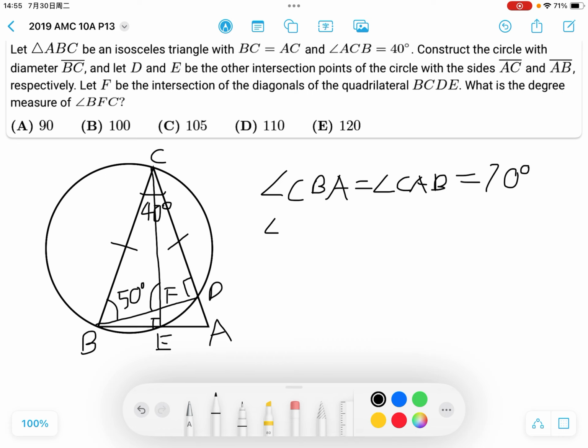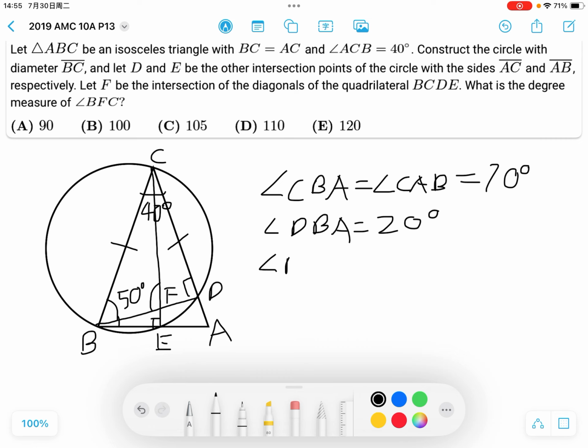So we have angle DBA is 20 degrees. So this angle here is 20 degrees. I won't write that there, since there's no space. So from this piece of information, we also have 90 degrees over here. And we have 20 degrees over here.